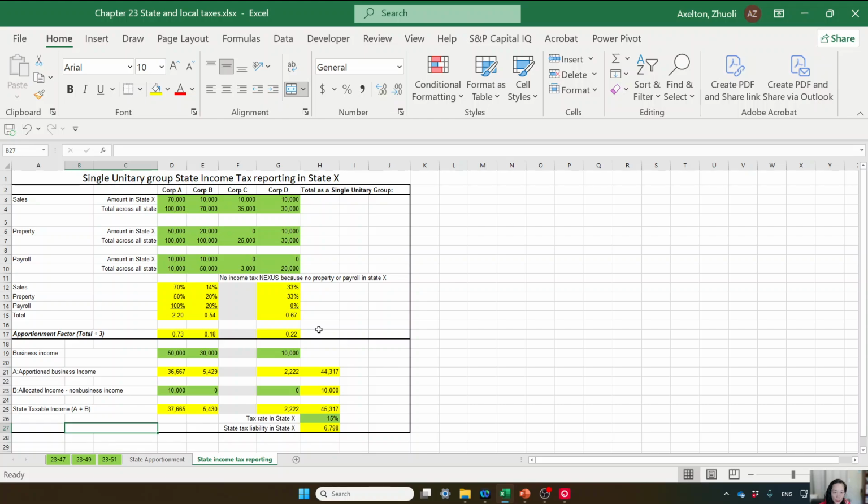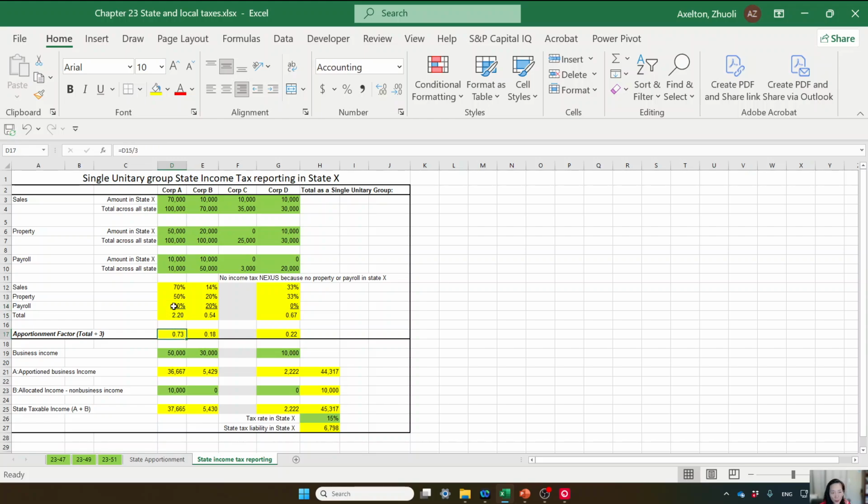The last piece of calculation we're looking at is a quick state income tax return for a unitary group. A unitary group is similar to a consolidated group filing. We identify all the members in the unitary group, identify the income and the factors for each entity, and do the same for sales, property, and payroll. We look at those factors to figure out the apportionment factor.